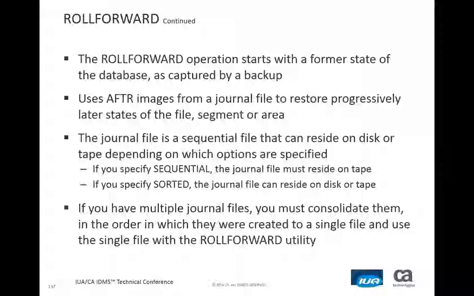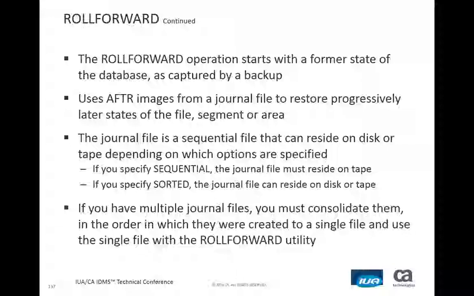The input for the roll forward is the journal file, and that is a sequential file that can reside on disk or tape. Now, it's going to depend on how you want to run your roll forward as to whether it's going to be on disk or tape. If you specify the sequential option, the journal file must reside on tape, because what happens here is that we start reading the file in a forward direction.